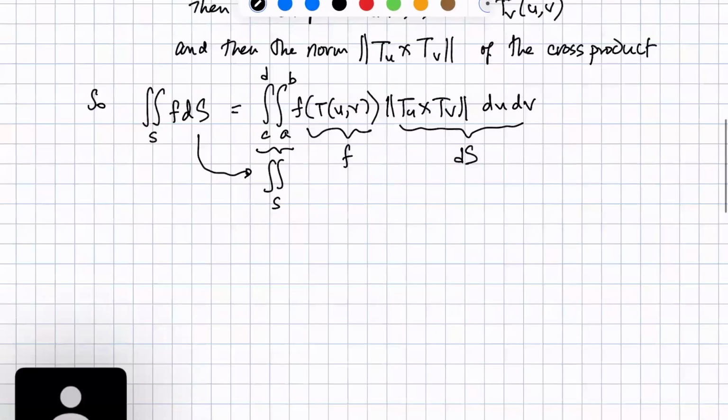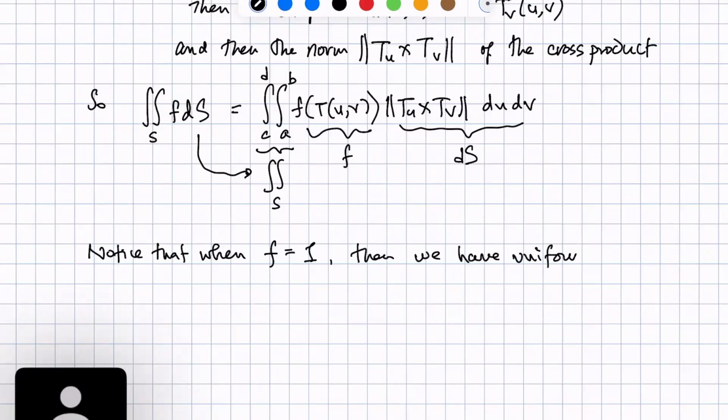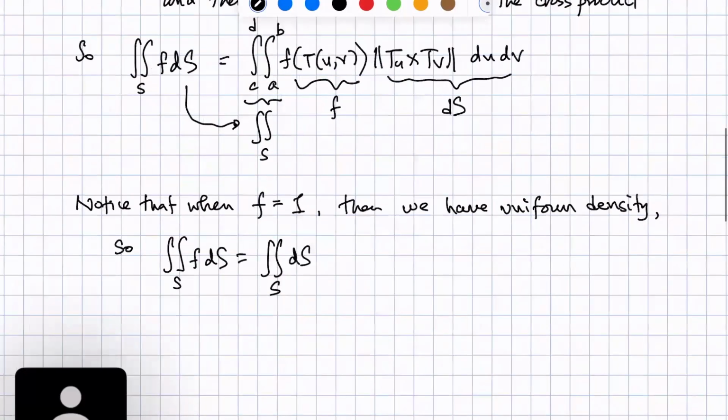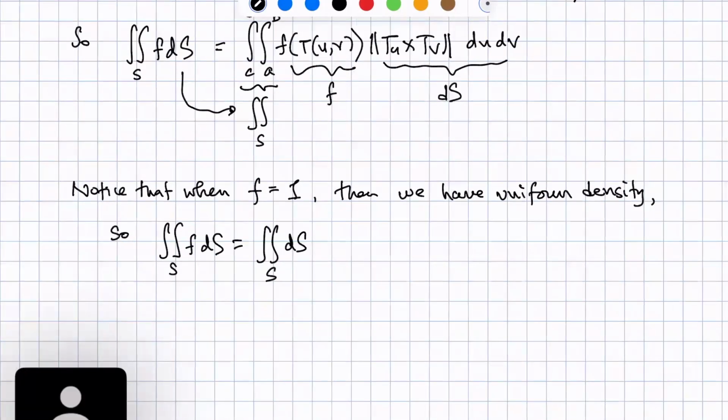Now, notice that when f is equal to 1, we basically have uniform density, and the density is 1 everywhere. So what happens is that this f dS just becomes dS. If you think about it for a moment, if I have uniform density, then really what I'm just measuring is the surface area.